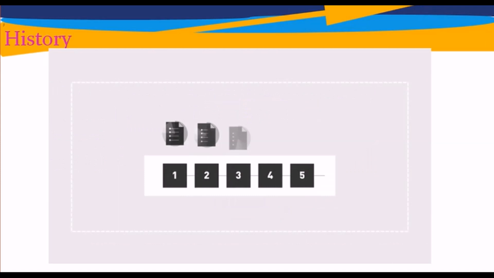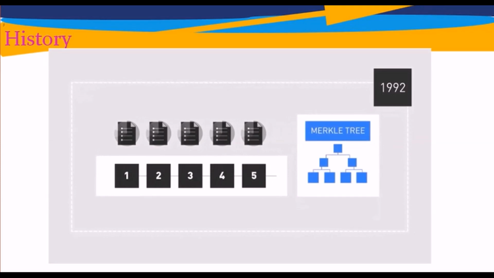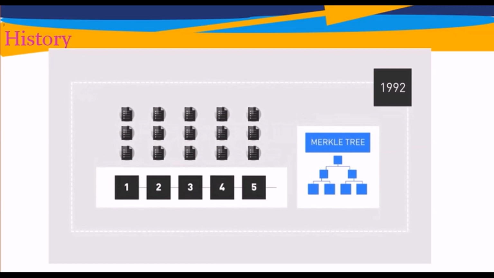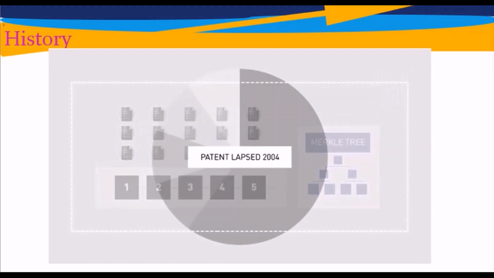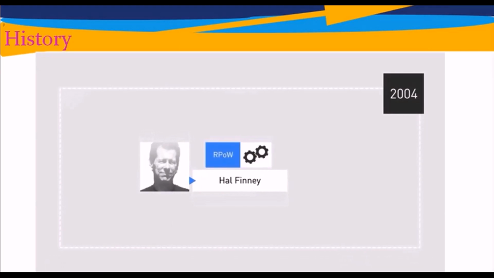In 1992, Bayer, Haber, and Stornetta incorporated Merkle trees into the design, which improved its efficiency by allowing several document certificates to be collected into one block. The first blockchain was conceptualized by a person or group of people known as Satoshi.